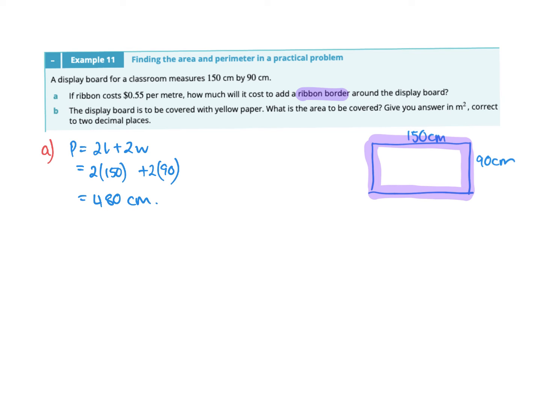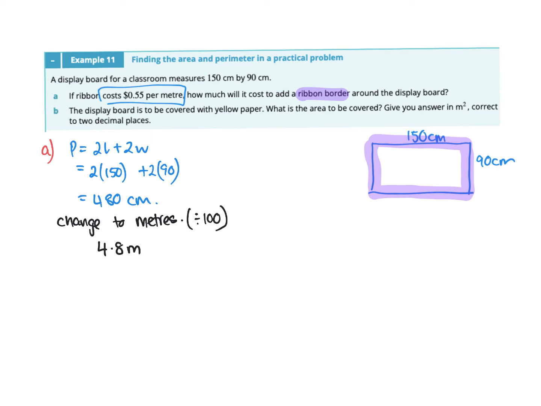But what we have to be careful is the cost is written in meters. So I'm going to change this. So change to meters. If you want to change to meters, you're going to divide by 100 because there's 100 centimeters in a meter. So then we end up with 4.8 meters.